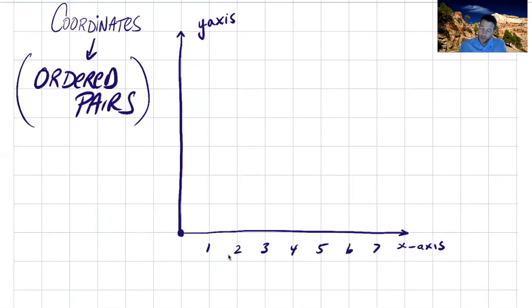And when we label them, it creates coordinates that we can orderly put somewhere on this graph. I'll put a 7 in there for fun. Now, ordered pair means exactly what it says: order, and order matters.